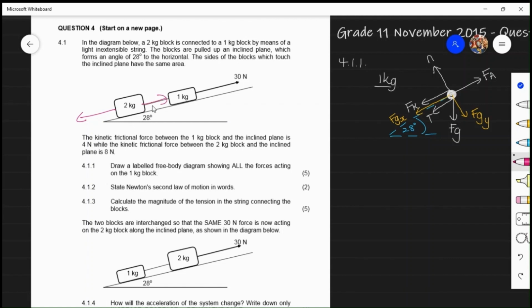So, away from the mass could indicate down the slope or it could indicate up the slope. But if you notice, the only arrow that is on the string is the one going up the incline. If you look at this arrow at the back going down the incline, there's no string there. So that means that our tensional force is going to act up the incline because that is the direction that is along the string but away from the mass.